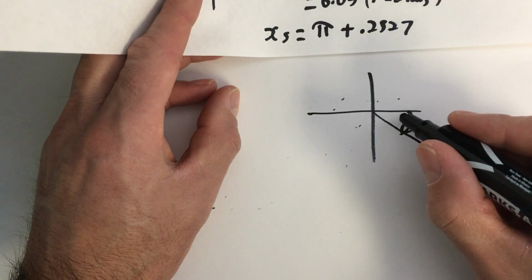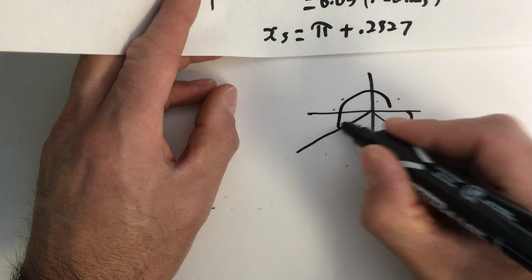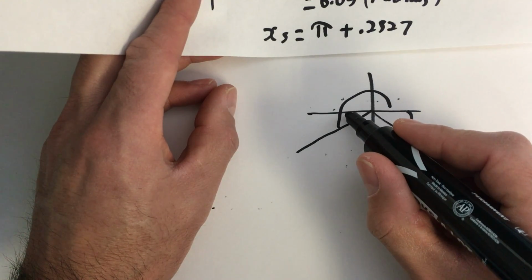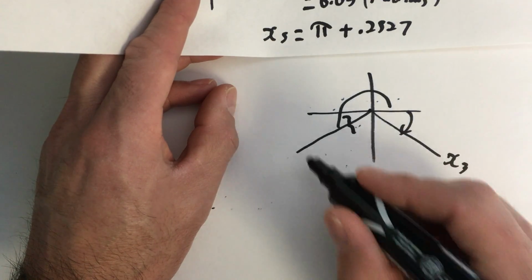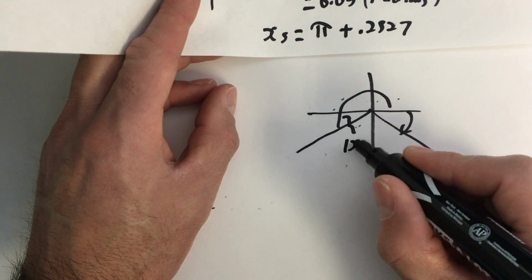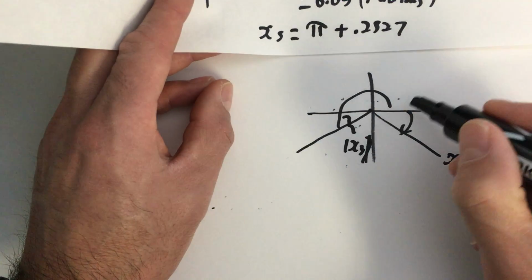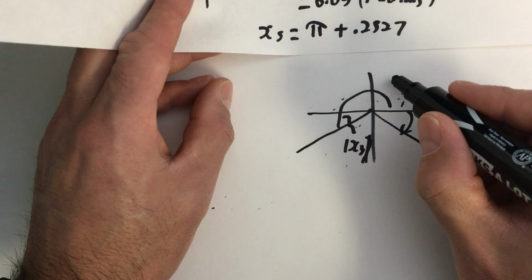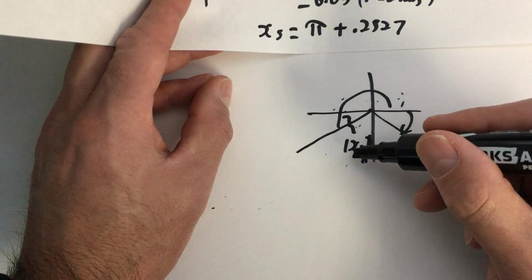Then you realize that the other angle with the same sign is going to be the other angle where, in here between the x-axis and your terminal arm, you've got the magnitude of x3. And then from looking at your clear picture, you figure it out. That's pi, and then we're adding that, so that's pi plus the magnitude of x3 in this example.